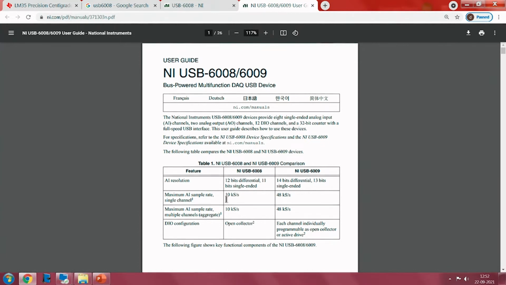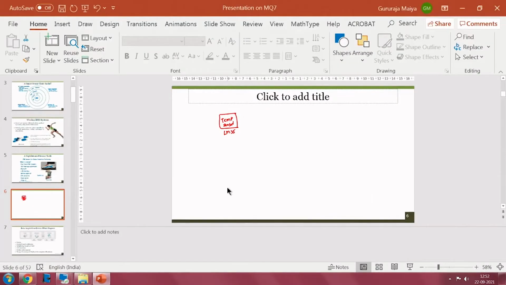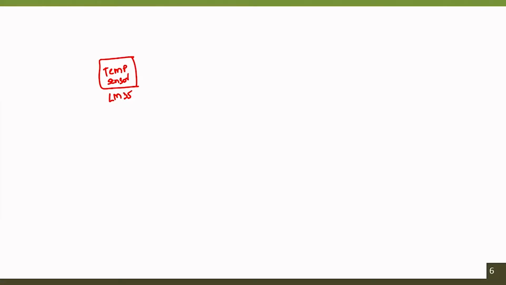Another important thing we have to see is whether this particular USB device measures differential or single ended. What do I mean by differential? In the previous case we have seen two different things. One is, say, a resistive divider network where we are measuring with respect to the common ground. Whatever output voltage we measure here will be with respect to the common ground. This is called common reference, single ended, because the other terminal is directly ground.